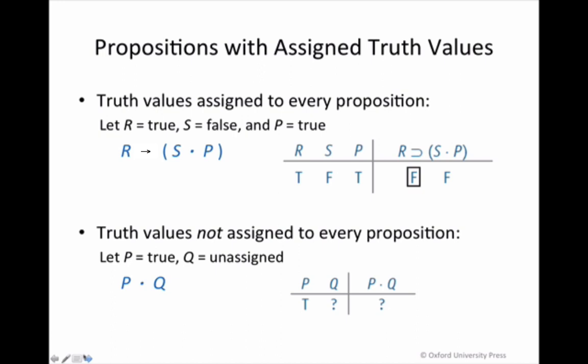Why? Because for this particular sentence, there's one and only one way for the sentence to be true, whereas there are 3 ways for the sentence to be false. So absent having an idea of what Q is, there's no way for you to determine the value of the dot sentence or the conjunction.